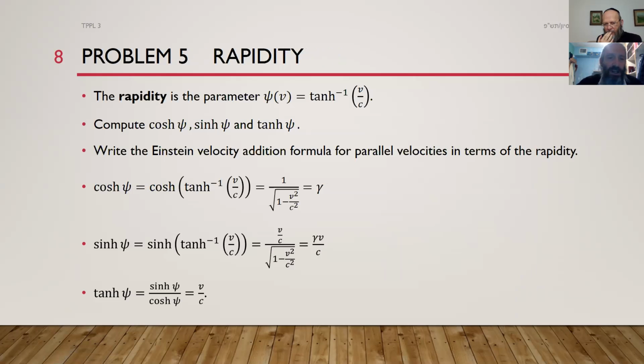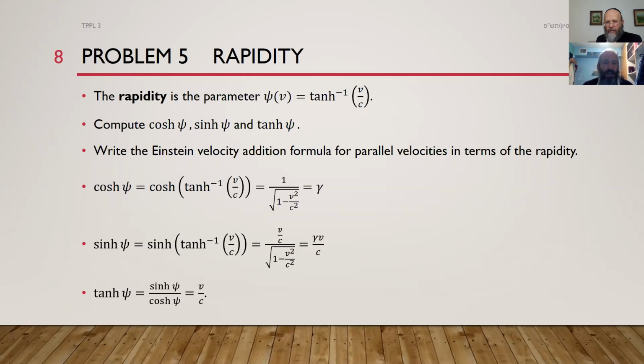And finally, we'll talk about a new parameter, the rapidity. We saw that the Lorentz transformations depend on only one parameter, the relative velocity v between the inertial systems. You can define another parameter, psi of v, defined in this way. So we're going to compute the hyperbolic cosine, sine, and tangent of psi, and write the addition formula in terms of this new parameter.